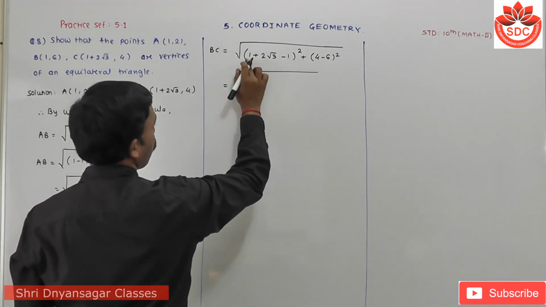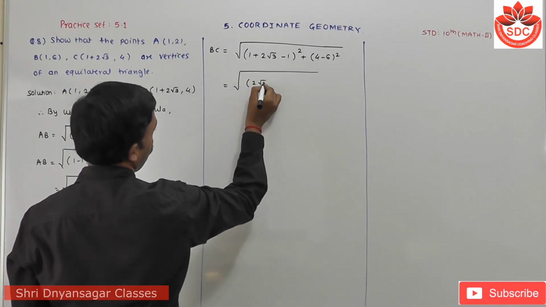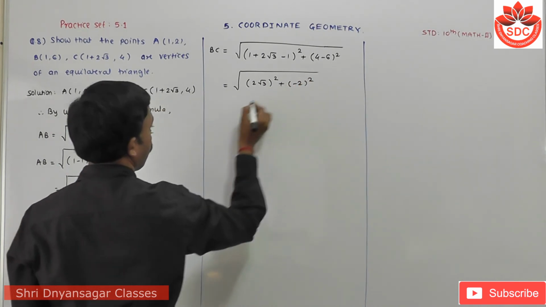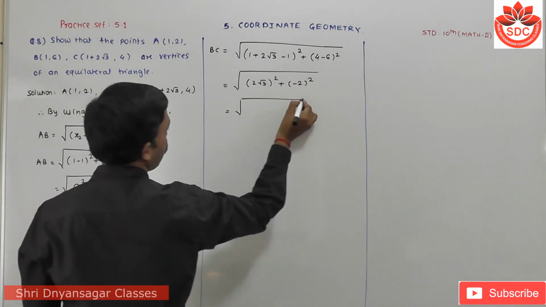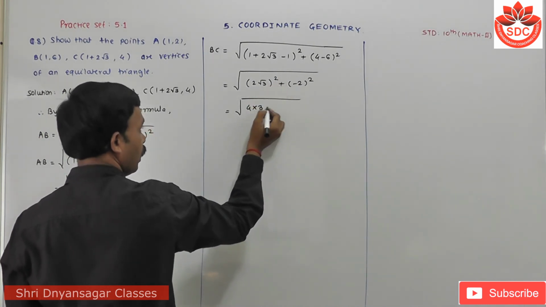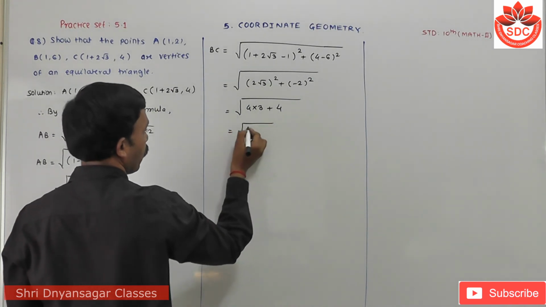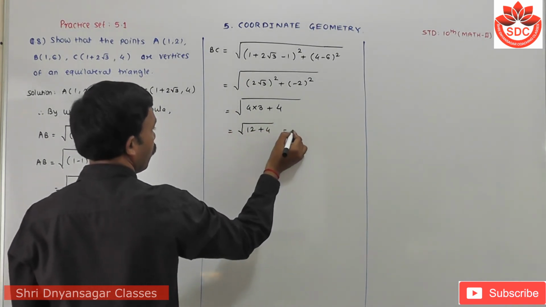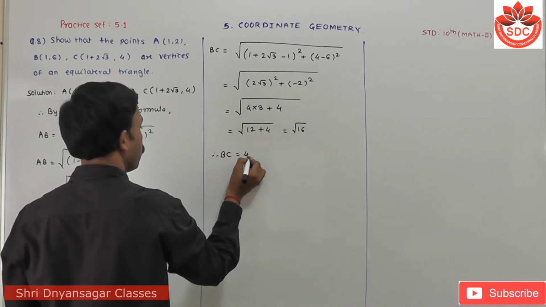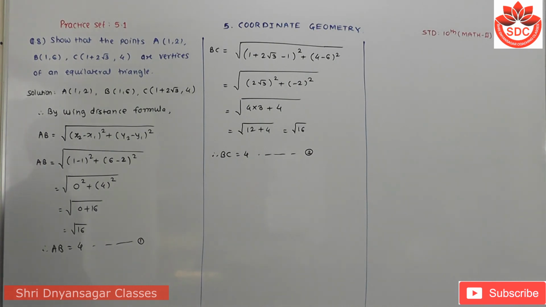This 1 minus and this plus get cancelled, so here it is (2 root 3) bracket square plus (minus 2) bracket square. Then the square of this is 4 into 3, root 3 square is 3. Then this is plus 4. Student, look carefully, 12 plus 4 is equal to how much? 16. Therefore BC is equal to 4. Suppose this is equation number 2.